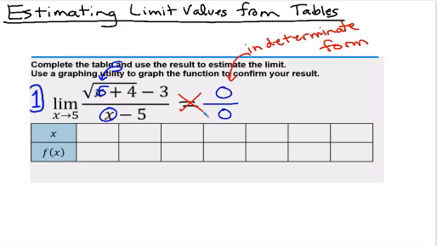Frowny face. Don't put equals 0 over 0. Put an arrow to 0 over 0. Use the arrow, not the equal sign. That will keep you from losing a point on the AP exam.